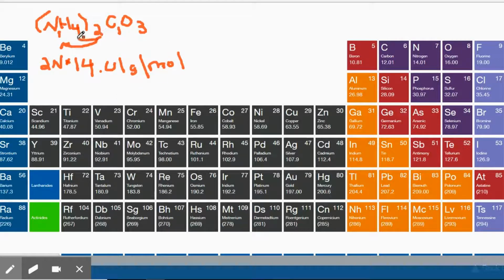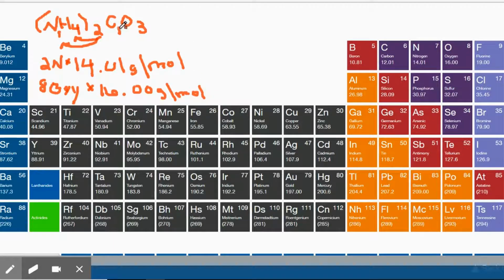And I'm going to distribute the 2 to the things that are inside the parentheses, not just the nitrogen, but the hydrogen. So there are 8 oxygens, and oxygen has a molar mass of 16.00 grams per mole.